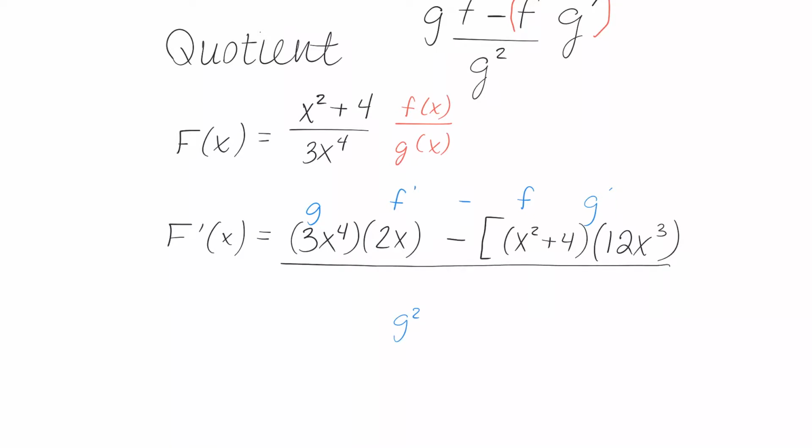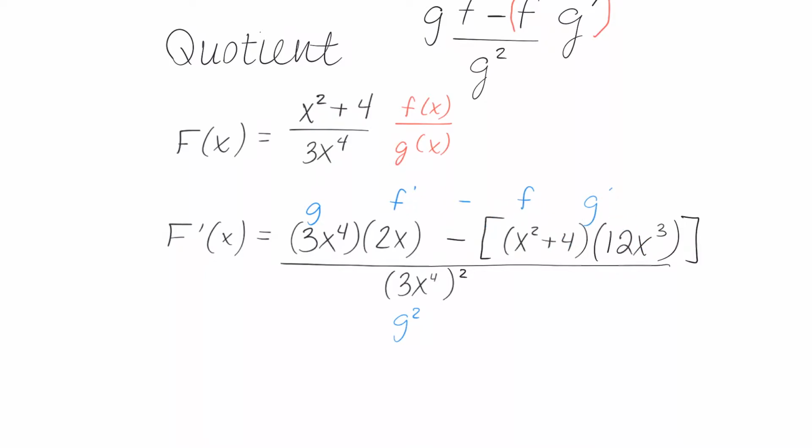All of that over 3x to the 4th squared. Oh, I forgot my outside bracket. Now, this is kind of what I was talking about earlier. This negative here, if we didn't have these square brackets, that negative would only say minus x squared, plus 4, right? So that negative applies to everything.